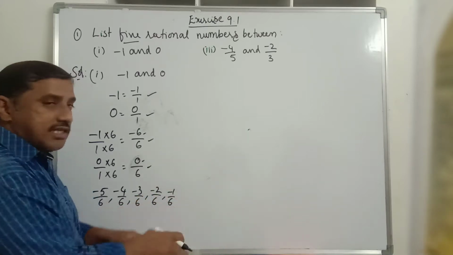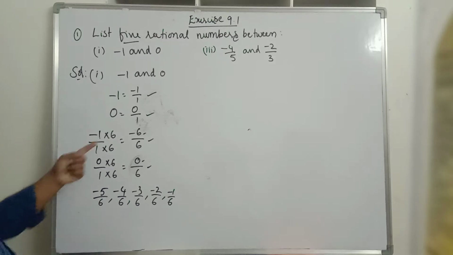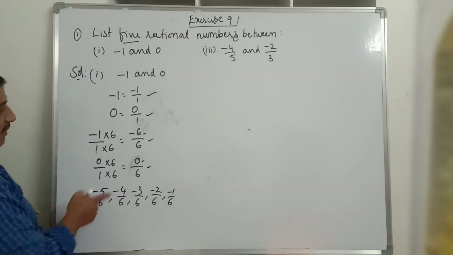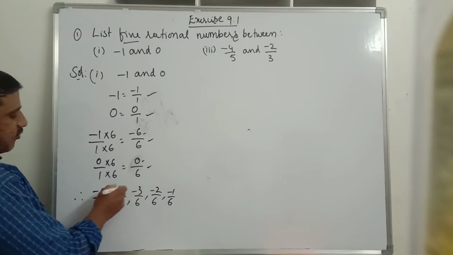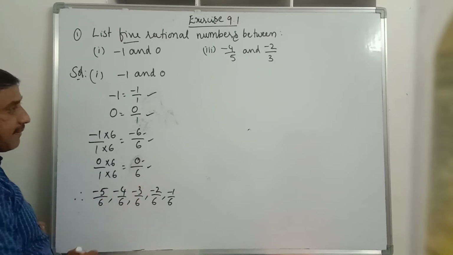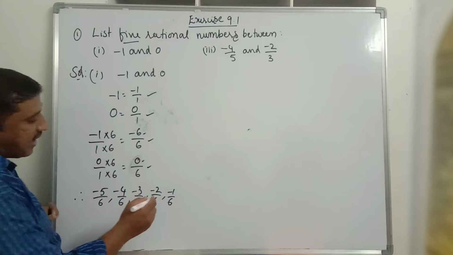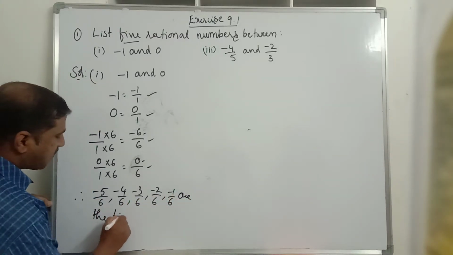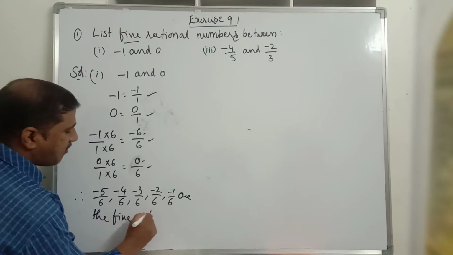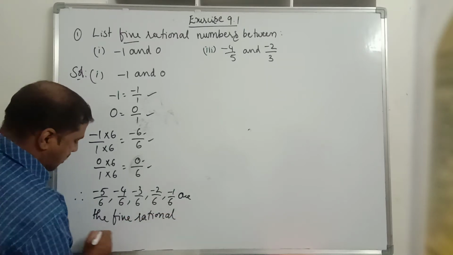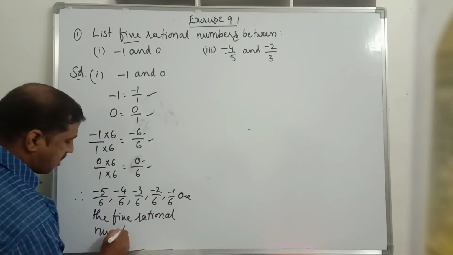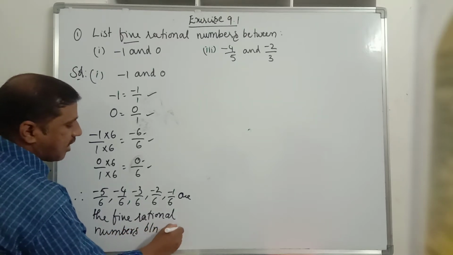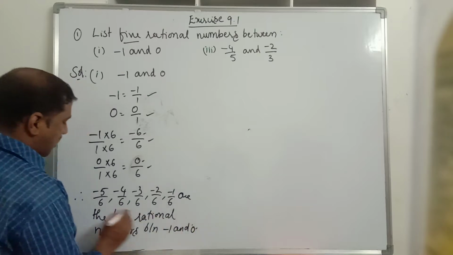Therefore these are the 5 rational numbers between -1 and 0.